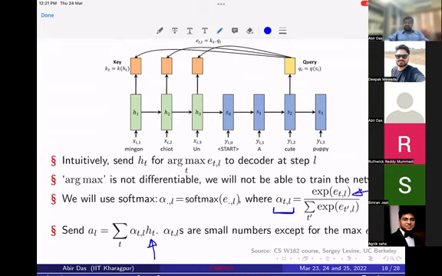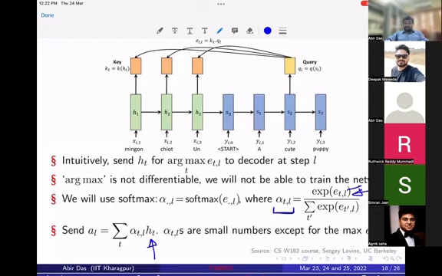ETL is the similarity of the query at time L and the key at time T, right? What we actually wanted is that the time step that corresponds to the most similar key to the query, we would ideally have sent that corresponding HT for the decoding.